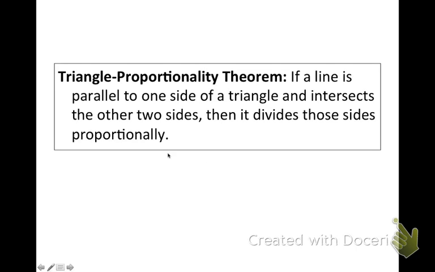Triangle proportionality theorem. You don't need to memorize this theorem, but we need to make sure we can understand what it is that it's talking about.